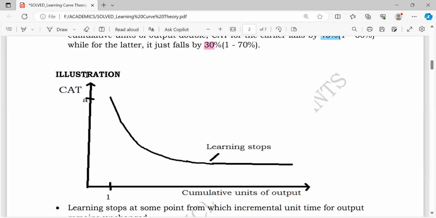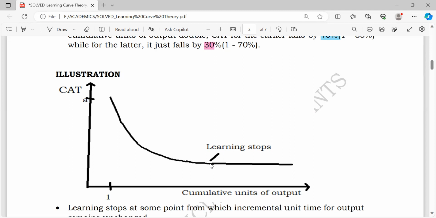All right, let's take a look at an illustration. This is a graphical representation of cumulative average time against the cumulative units of output. Let's say the first unit took 8 hours to complete, and as the units increase, labor learns more quickly, so the cumulative average time falls. But the time won't fall indefinitely, right?